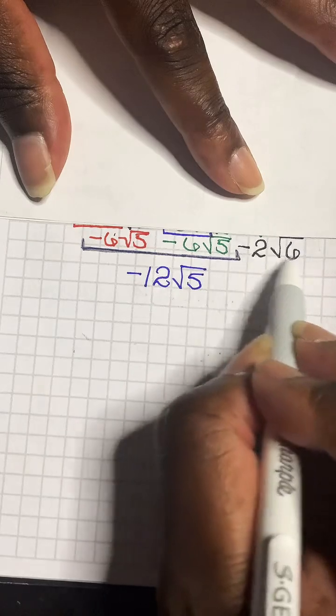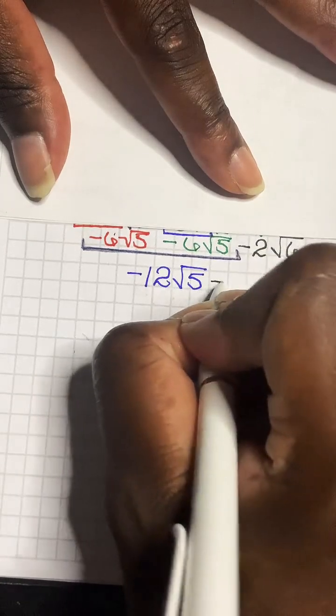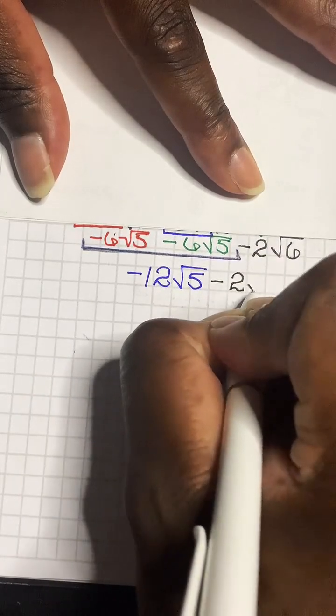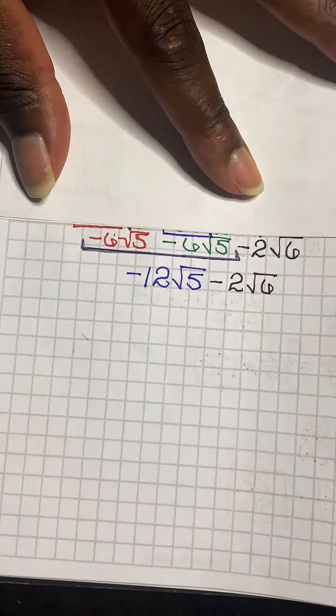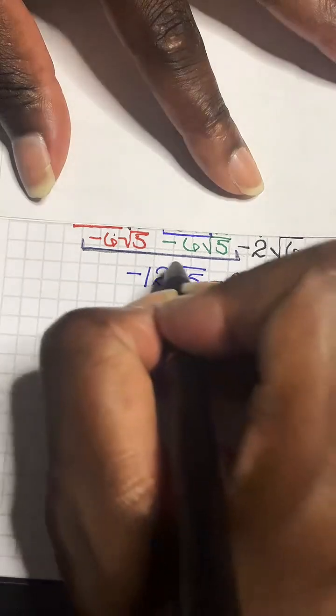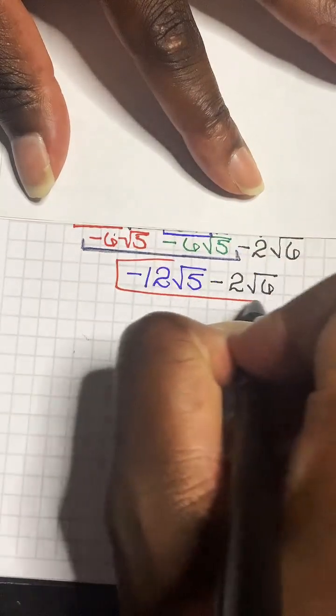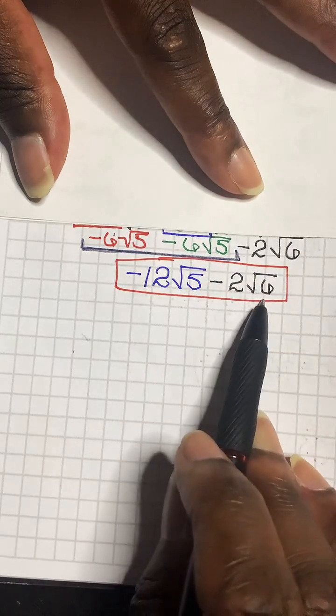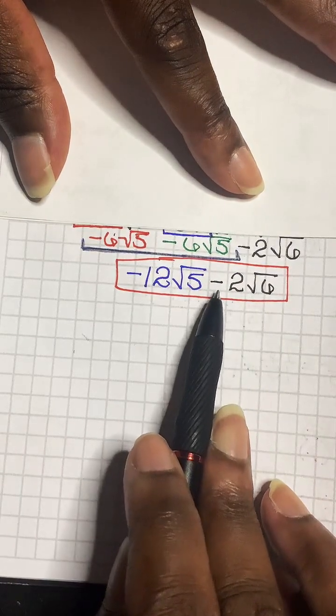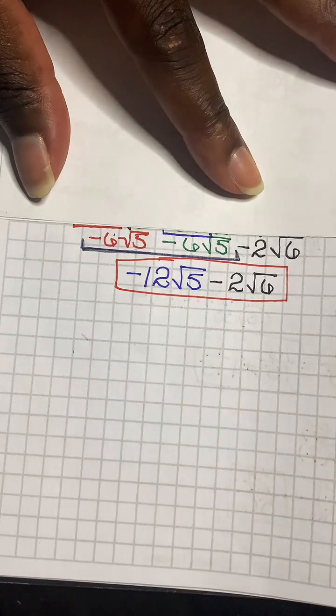Then you have this last piece, the minus 2 square root of 6. This is your answer. Because you cannot combine the square root of 5 with the square root of 6 when you are subtracting. All right.